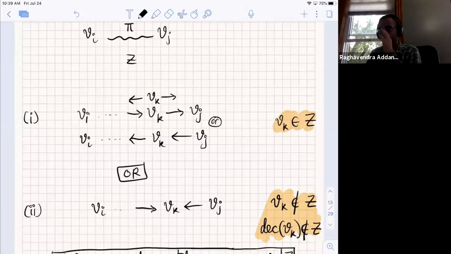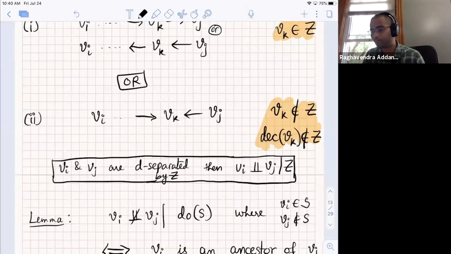In all such cases, if Vk is present in our set Z, then this path is blocked. Only when there are 2 incoming arrows onto Vk do we define another rule. So for all other possibilities where Vk exists, if this Vk is present in our conditioning set Z, the path is blocked.